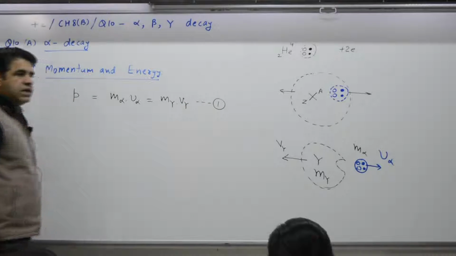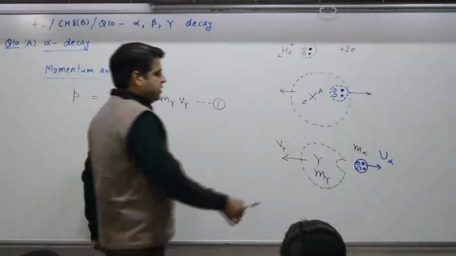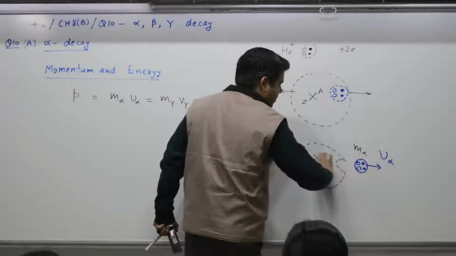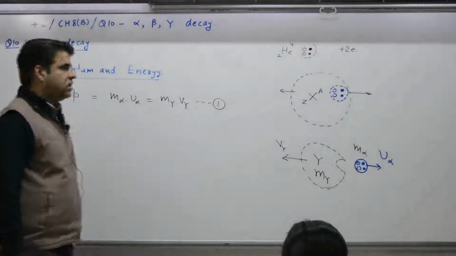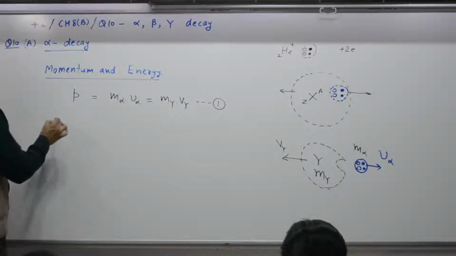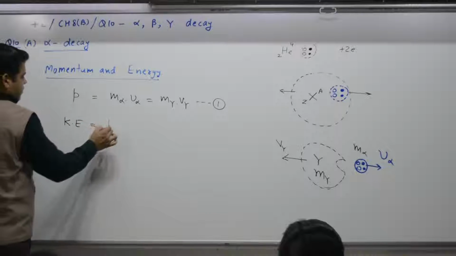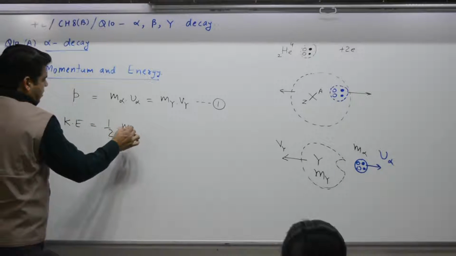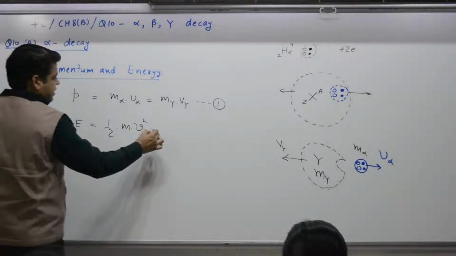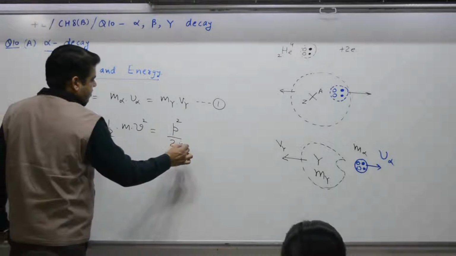Magnitude of the two will be the same. Direction point of view, I repeat, if it is 50i, this is minus 50i. Direction is opposite. We are concerned with momentum magnitude. Two: kinetic energy of a particle is equal to 1/2 mv squared. It can be written as p squared by 2m.